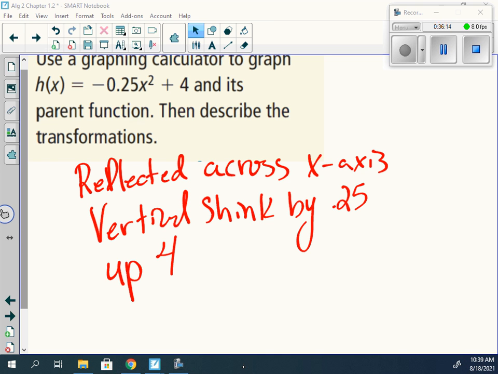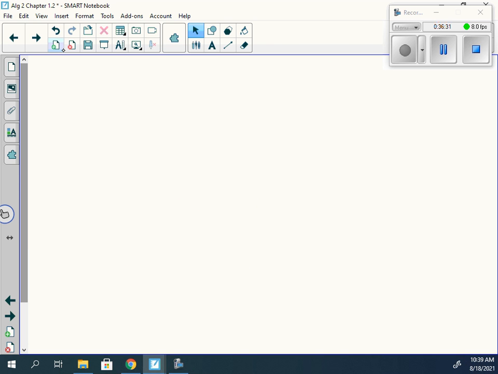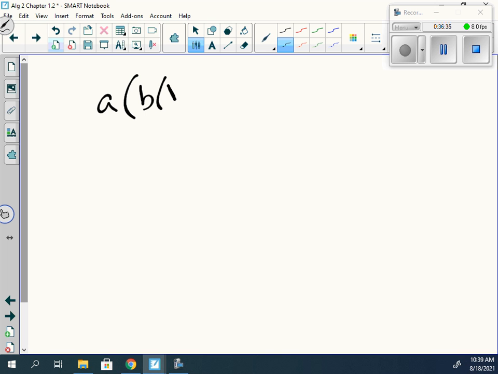Now, you probably haven't thought about this, but the reason I've been emphasizing vertical stretch and vertical shrink is that there is such a thing as a horizontal stretch and shrink. We don't delve into it too much. Let's just say quadratic. It affects the left and right movement.